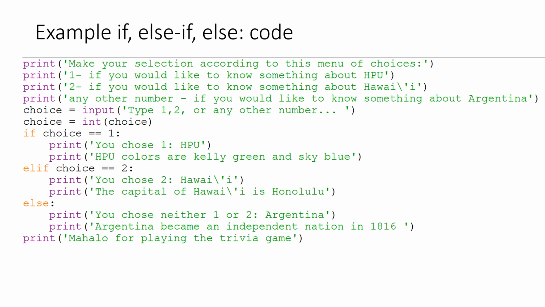And regardless of the choice, 1, 2, or anything else, we display mahalo for playing the trivia game. So code this, change the choices to 3 things of your own rather than HPU, Hawaii, and Argentina.